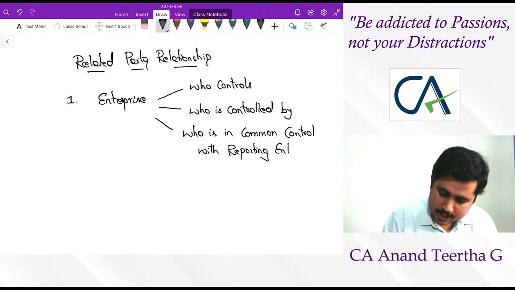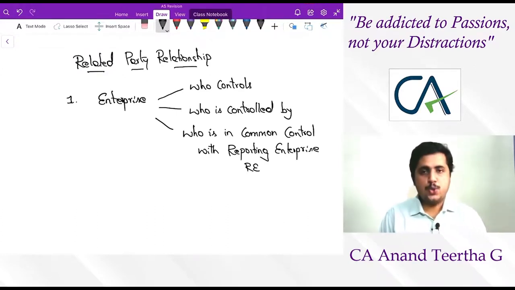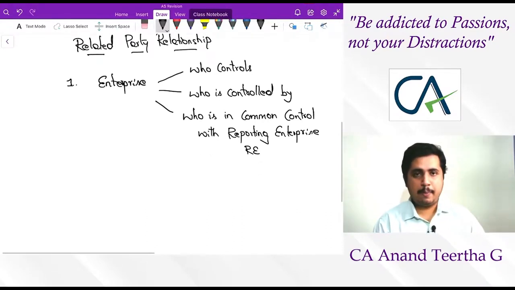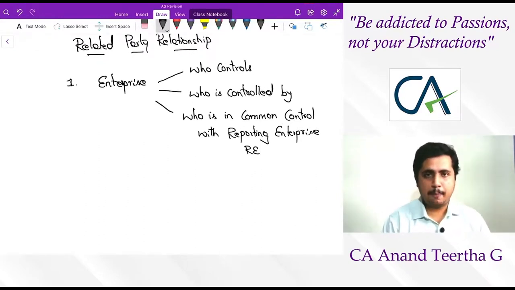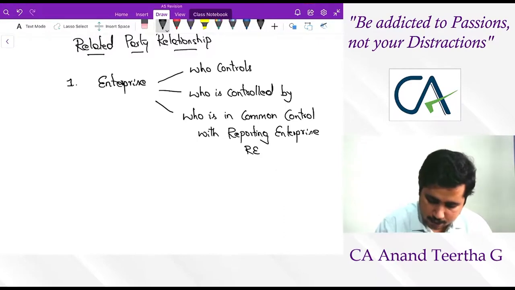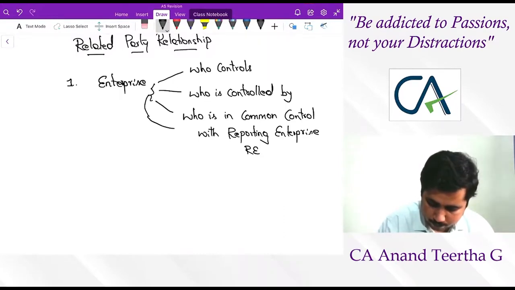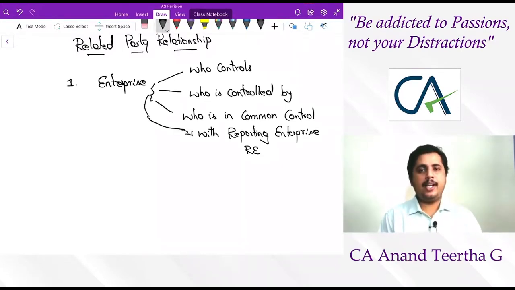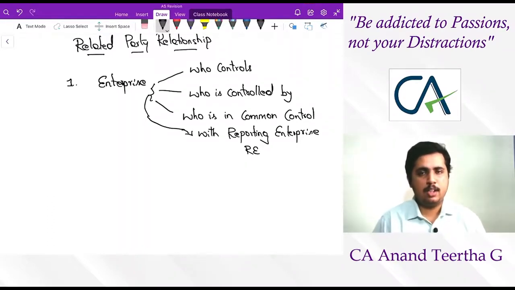I will now call this as RE. So first, there is an enterprise who controls reporting enterprise, who is controlled by reporting enterprise, and who is in common control with reporting enterprise. So all these things are with reporting enterprise. All the 3 points comes up with this regard. So reporting enterprise is the enterprise which is going to report it in the notes to financial statements. For them, what are the related party relationship?